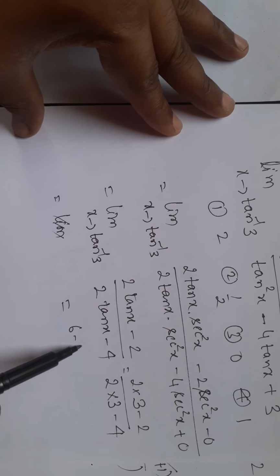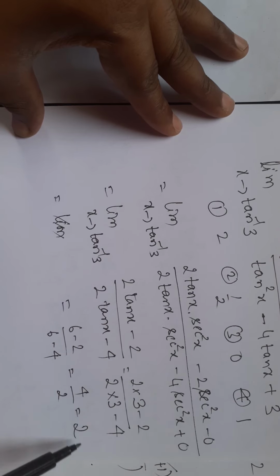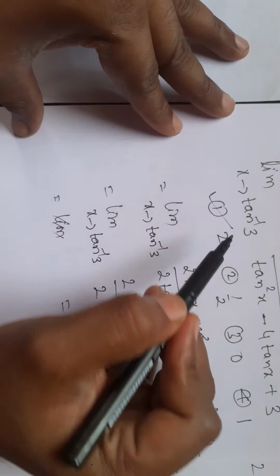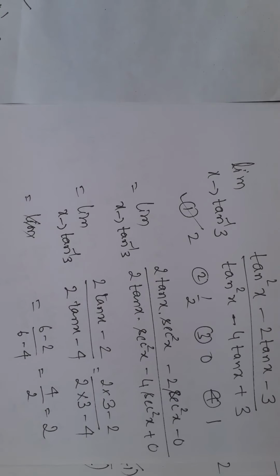That is 6 minus 2 by 6 minus 4, 4 by 2, which is 2. Option 1 is the answer. This is how we can use L'Hospital's rule to solve this problem.